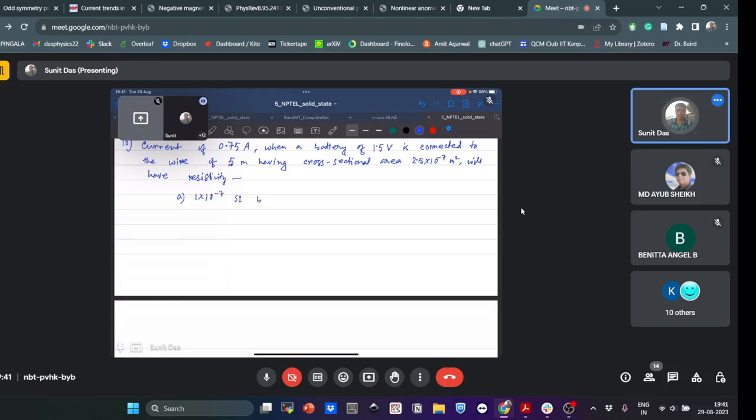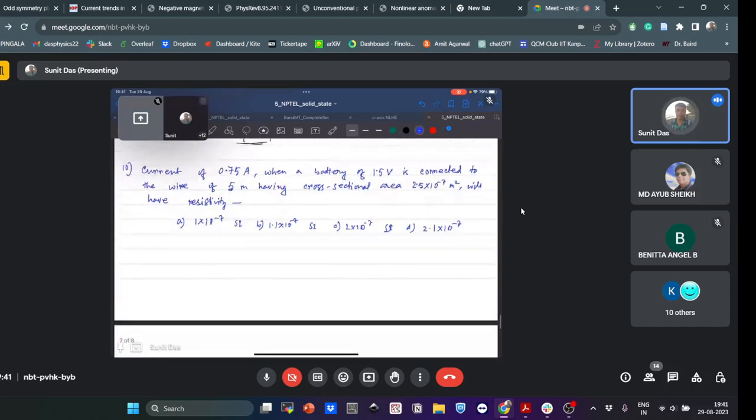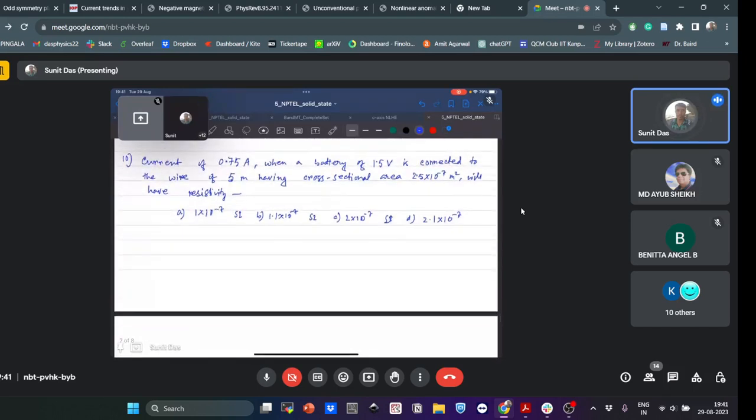All are in SI units. Okay, so the current is given as 0.75 ampere, and the battery voltage is 1.5 volts, which is connected to a wire of length 5 meter and cross sectional area 2.5 times 10 to the power minus 7 meter square.